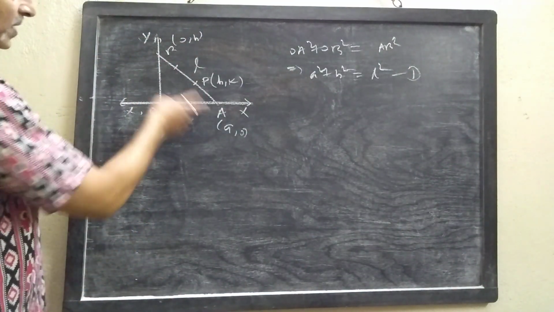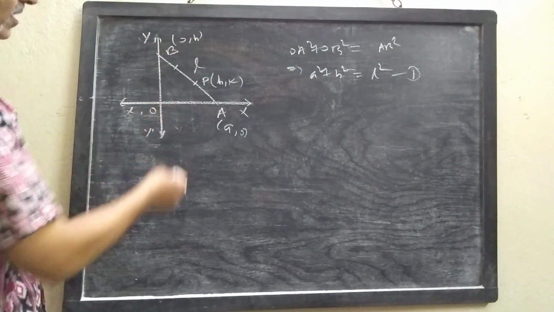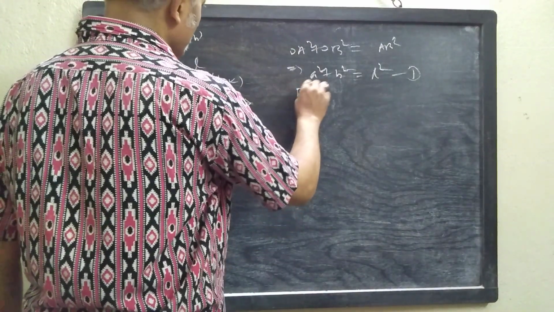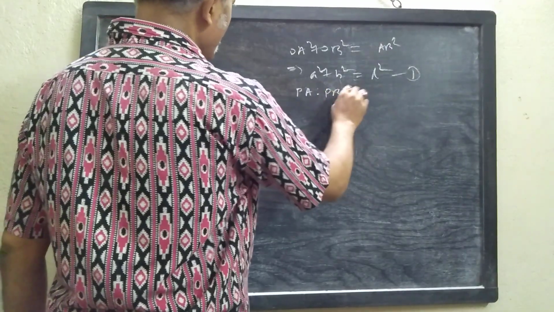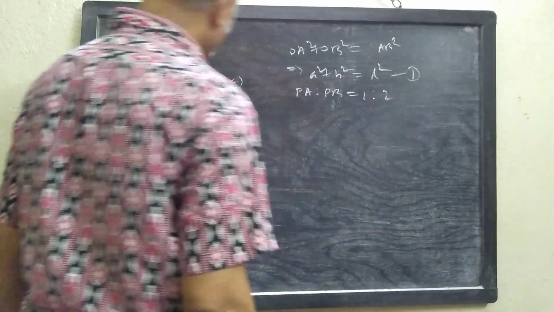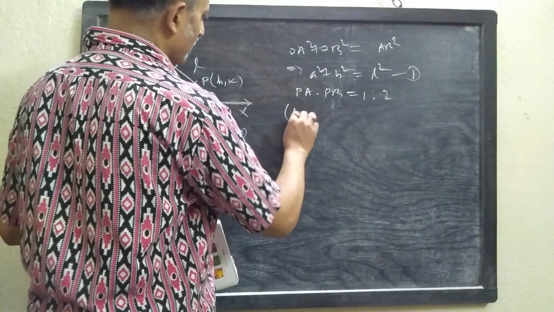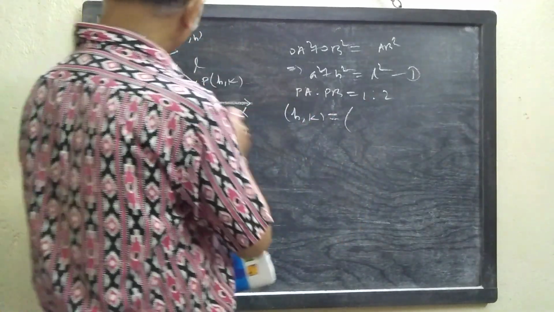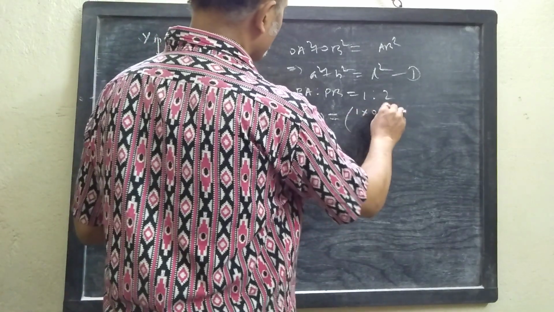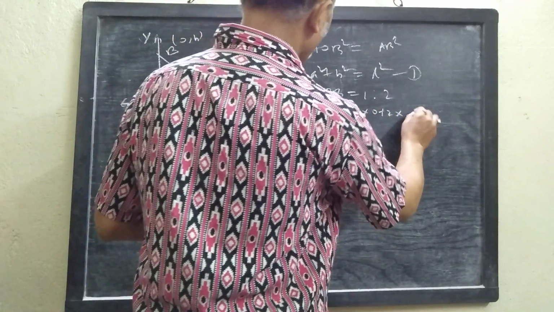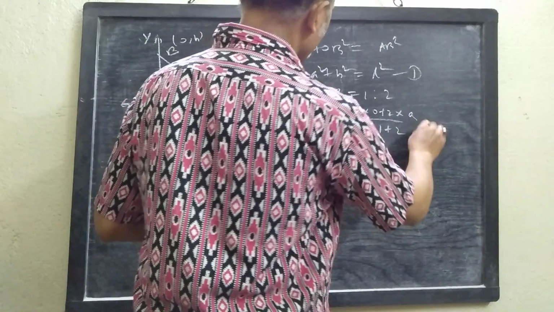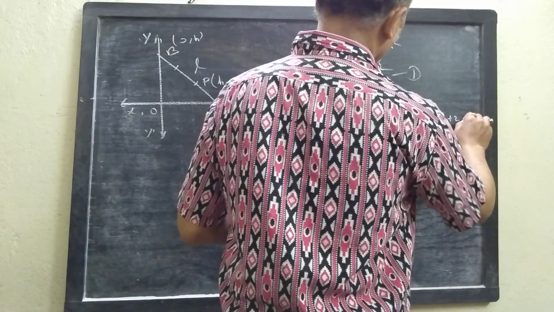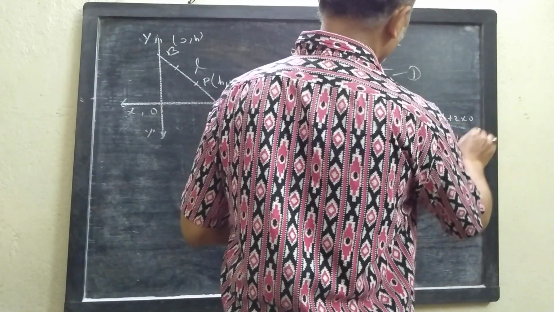Now, when P divides AB internally in the ratio 1:2, that is, PA is to PB is 1:2, then we can write (h, k) equals (1 into 0 plus 2 into a) by (1 plus 2), comma (1 into b plus 2 into 0) by (1 plus 2).